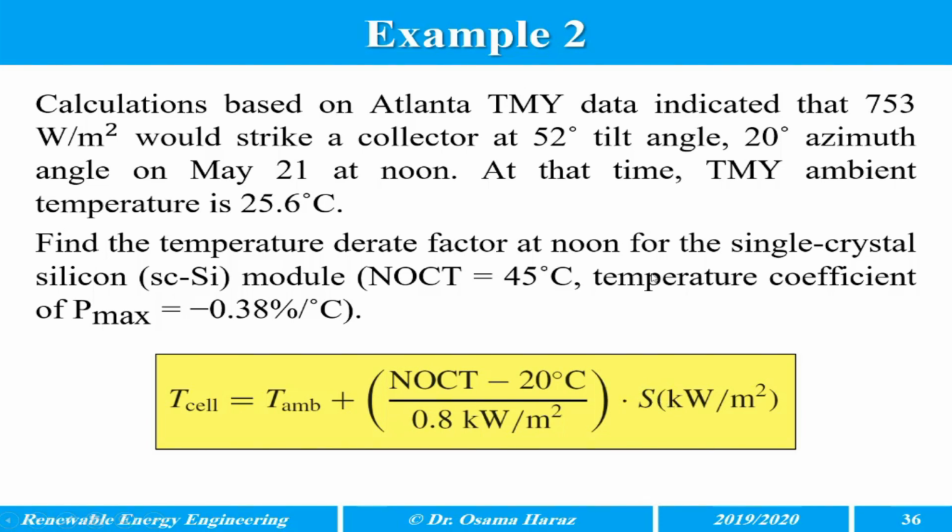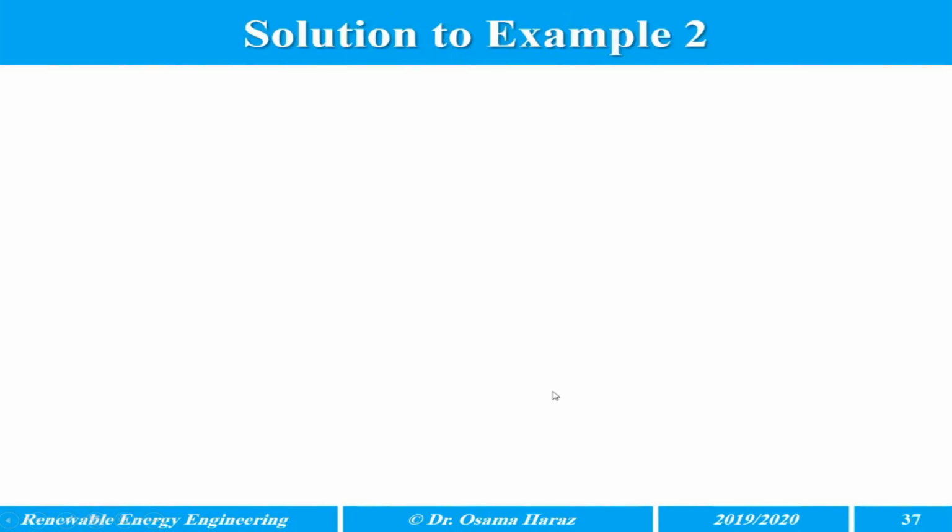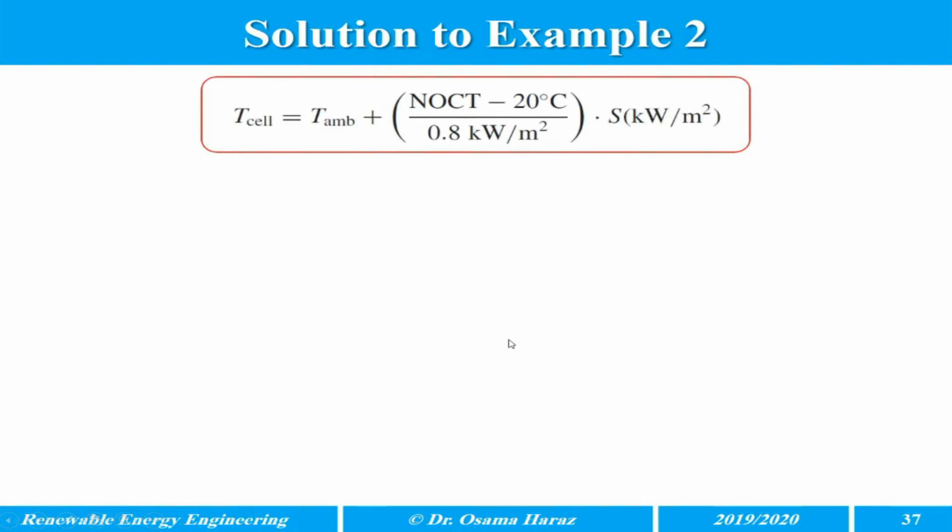The irradiation is given as 753 watt per meter square, so S is given. So the only unknown is T cell. Applying this formula, T cell equals 25.6 plus 45 minus 20 over 0.8 multiplied by 0.753, and you will end up with 49.1 degrees centigrade. This is the temperature of the cell.